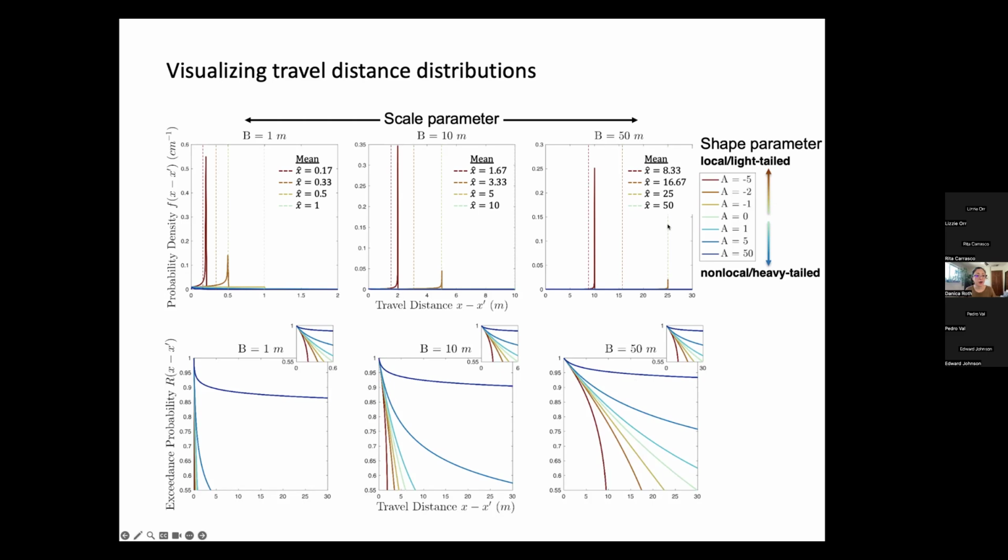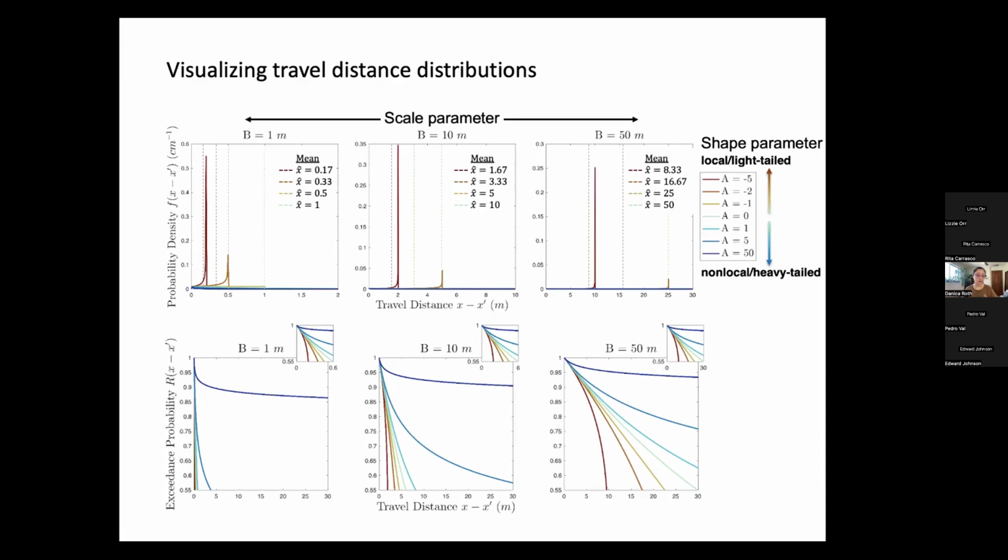The dashed lines here are mean values for those distributions, the light-tailed ones that have a defined mean. An important point I just want to show you here is that the B parameter, we call it a scale parameter because it's really just scaling the travel distance distributions.